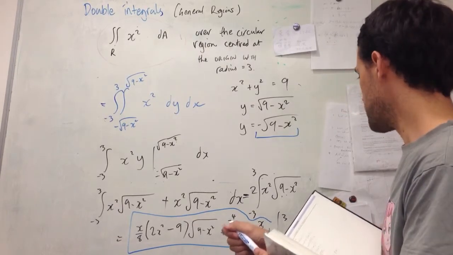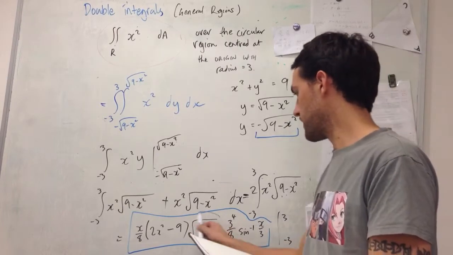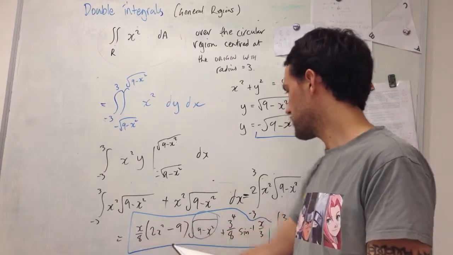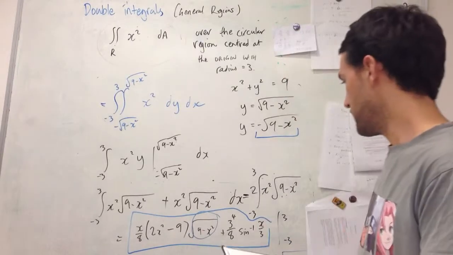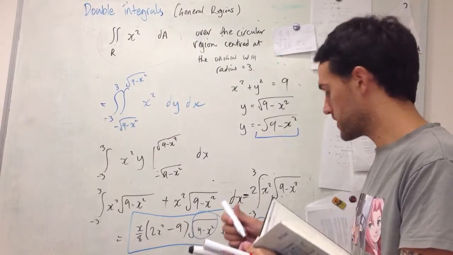Now, some of these will cancel out. When x equals 3 or negative 3, the square root part is going to be 0, so I can actually ignore that whole part of the function.